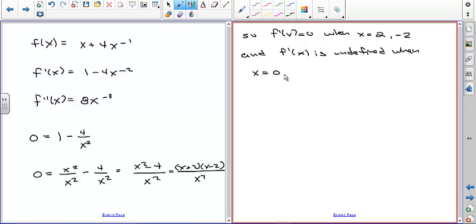If I took x squared times 0, I'd get 0. x squared times 1 would be x squared, so you'd end up with x squared minus 4, and I would only get these two values of x where there's critical numbers. But there's actually a third critical number, and that's where this function is undefined. When x equals 0, you're going to divide by 0, and so that's why you have to do that instead of simplifying it in another way.